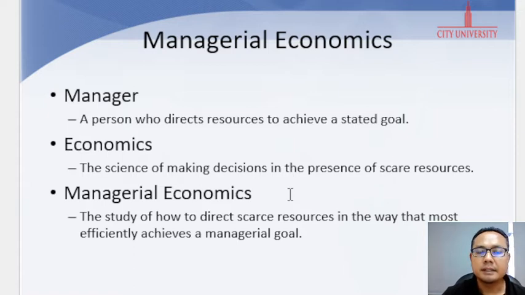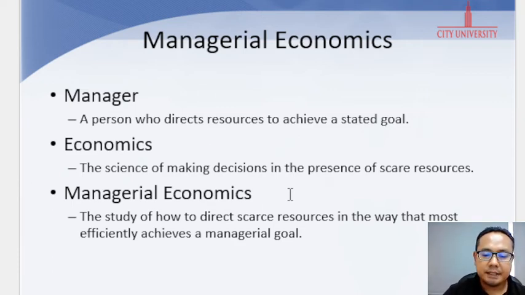For instance, we picked one example just now, how you as a manager of a non-profit organization use your resources to achieve your stated goal, to distribute food for the needy, for example.